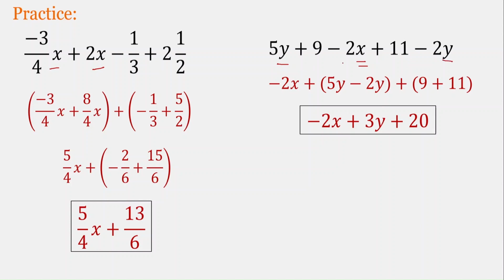So there's nothing that we can combine our negative 2x with. And then we have 2 terms that are y raised to the first power. And then 2 numerical terms. And we end up with negative 2x plus 3y plus 20. We cannot combine those negative 2x and 3y because they are not like terms.